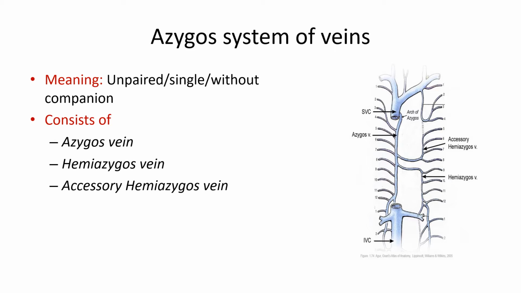In this picture you can see the superior vena cava and inferior vena cava. These two are connected by means of the Azygos system of veins.